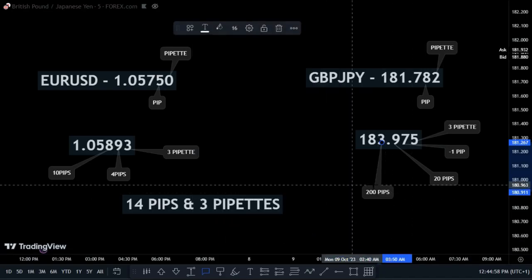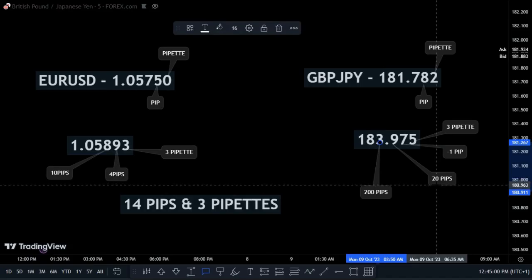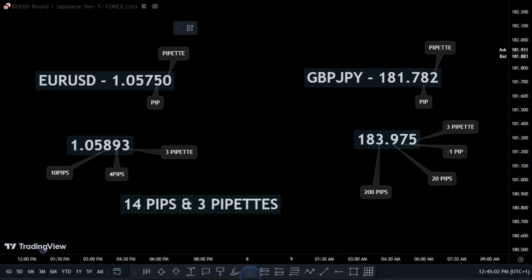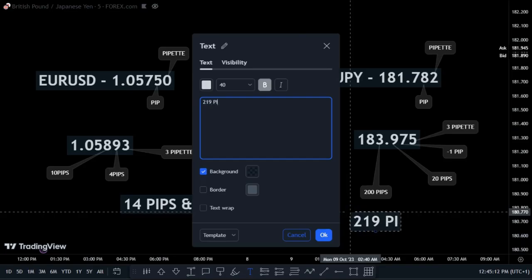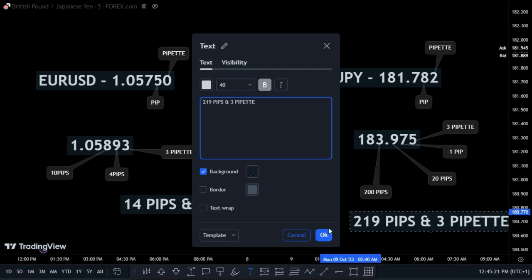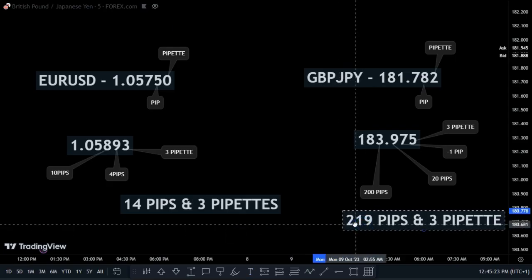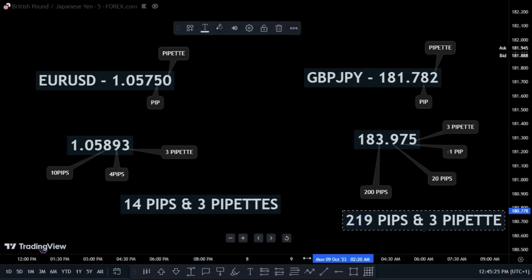So when you add that together, we have 200 plus 20, 220, minus 1, 219 and 3. So total for this, we have 219 pips and 3 pipettes. Okay, so that's it for calculation.